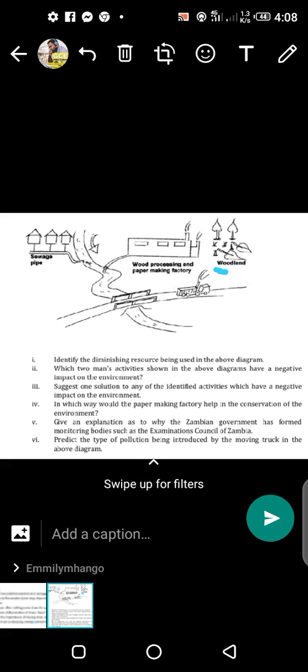One of its roles is to monitor the cutting of trees in the country, such as in the forests or in different areas, so that people don't cut trees anyhow, using them for charcoal and firewood, because they may end up finishing all the trees.